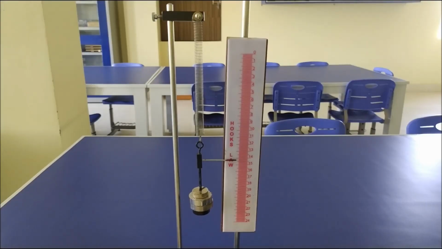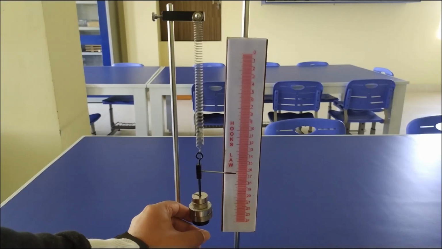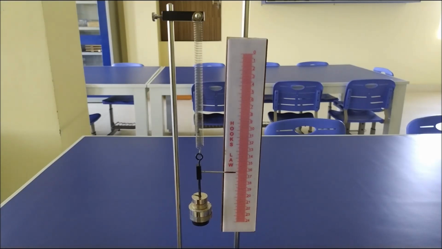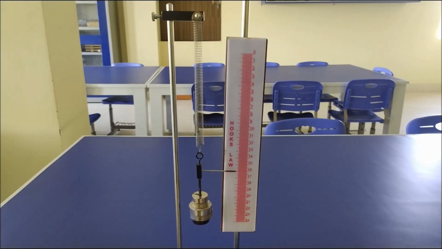Again I am adding 20 gram of slotted weight, and my total weight in the hanger becomes 160 grams. The reading becomes 15.8.